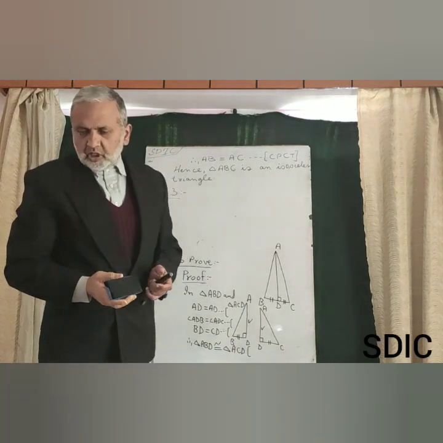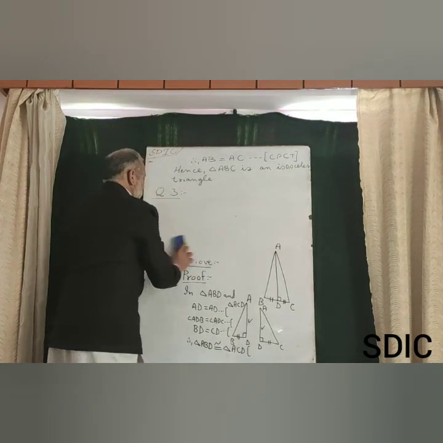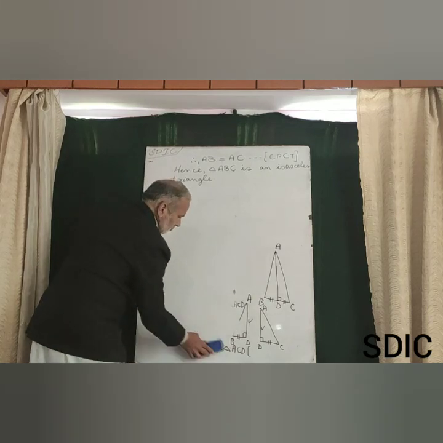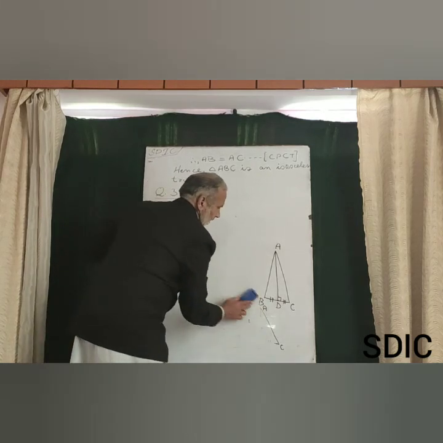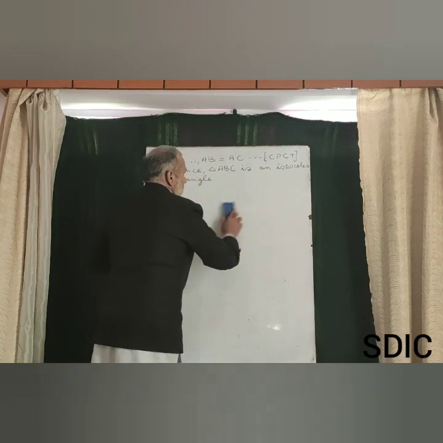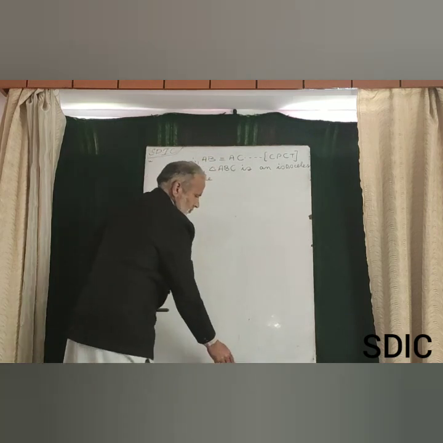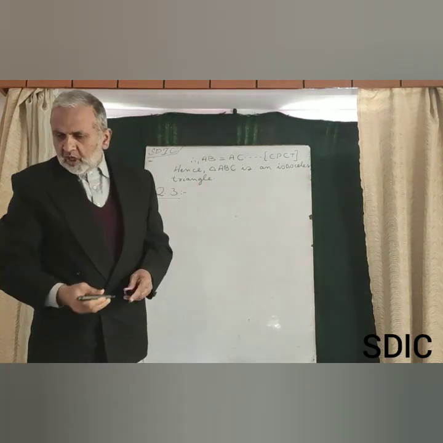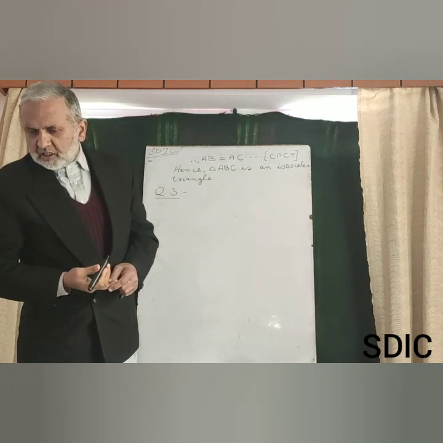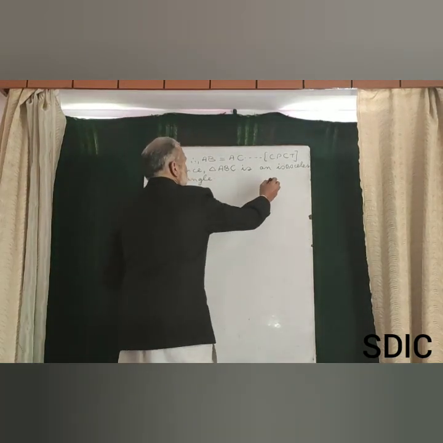Quickly, you can draw the diagram of this question from the textbook. We again have an isosceles triangle ABC. You can draw it.